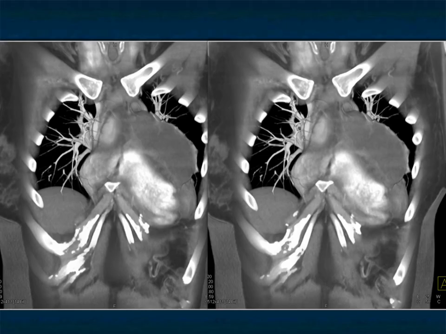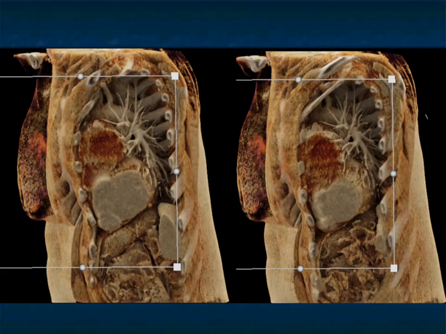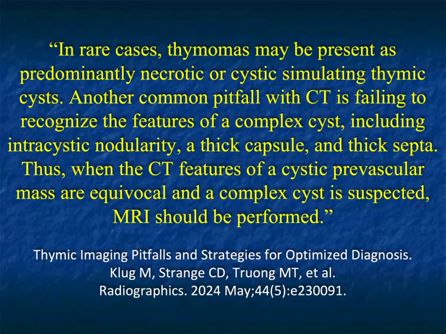I think at the end of the day, the patient will get surgery and this will be resected. In this case, I would have been more suspicious for a cystic thymoma because of the thickened wall, the irregularity. It doesn't have that smooth shape. You can see it nicely here that we saw before looking at thymic cysts. But again, it's one of those more difficult differential diagnoses.